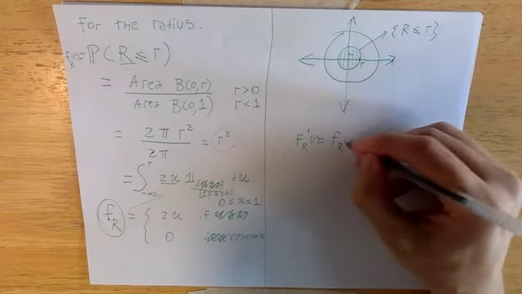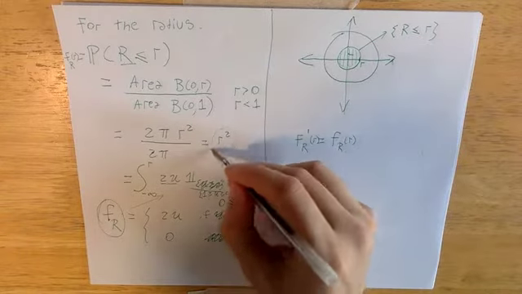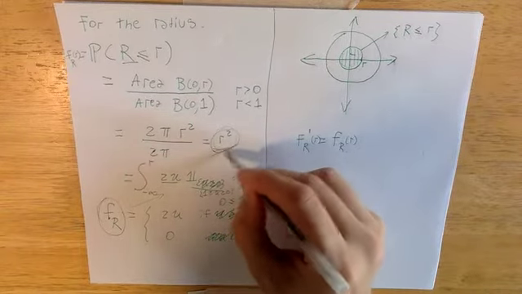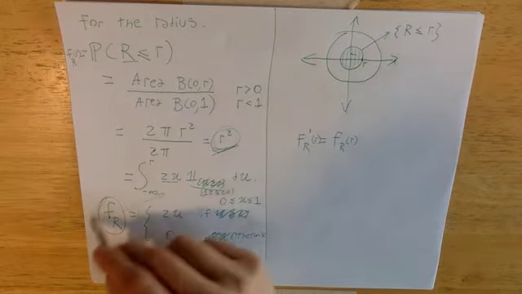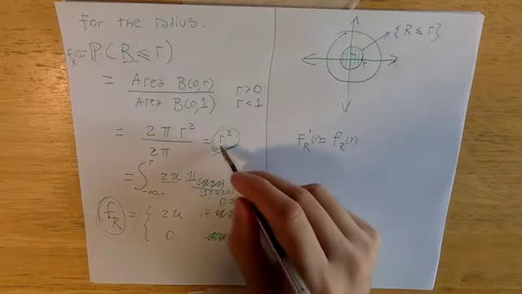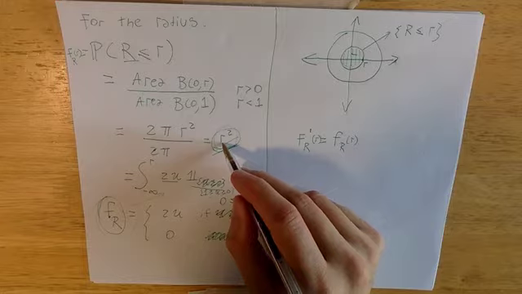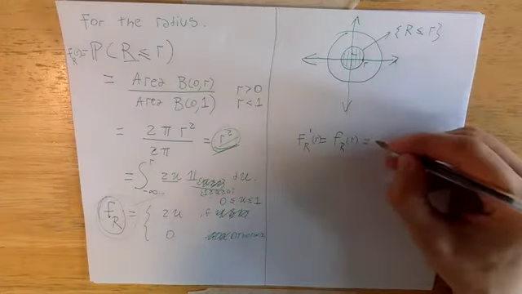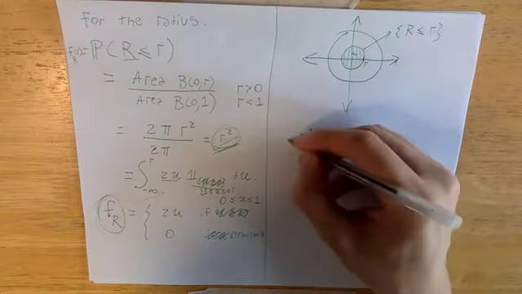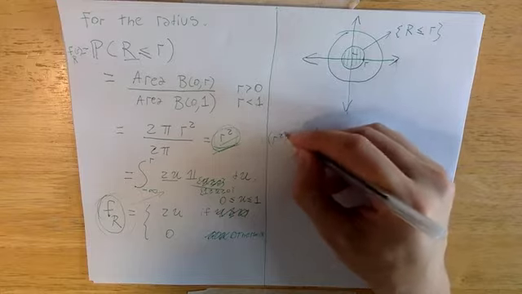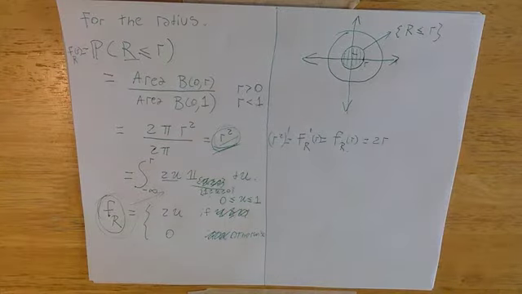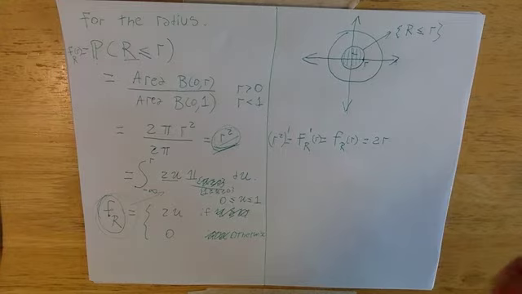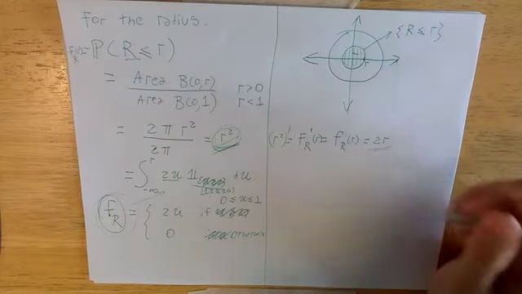Differentiating this thing, we get exactly f of r. So we take r squared and differentiate, and this is just equal to 2r. This is r squared prime. And this is the way that you can get distribution functions which are a little bit more complicated than uniform.